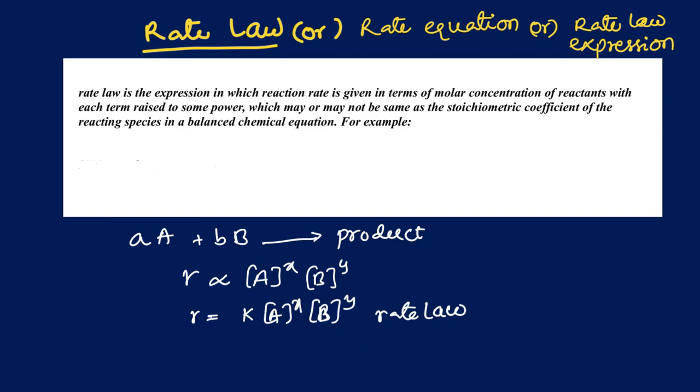In this rate law, these are the powers. These powers may not be the same as the stoichiometric coefficients: x may be equal to a or x not equal to a, y equal to b or y not equal to b.